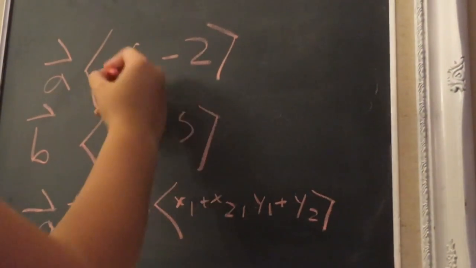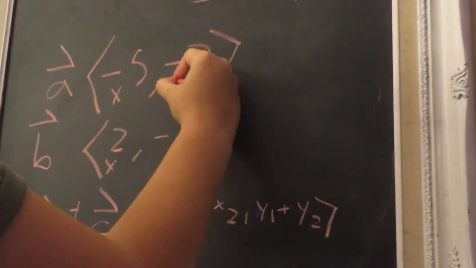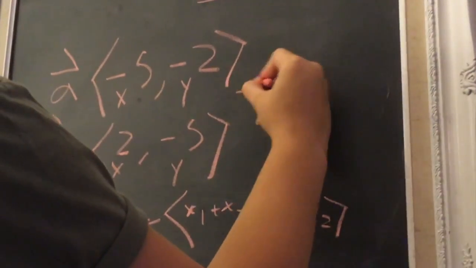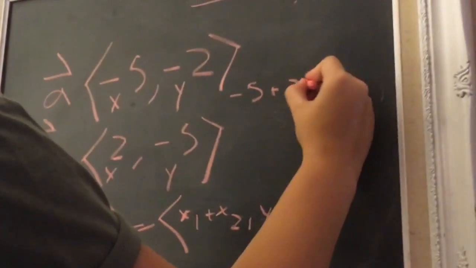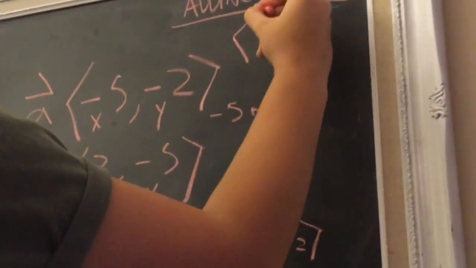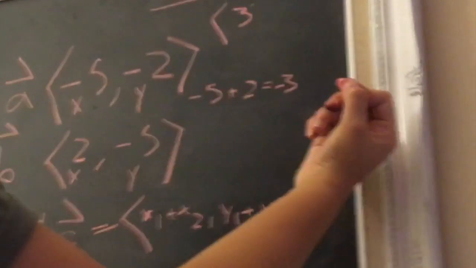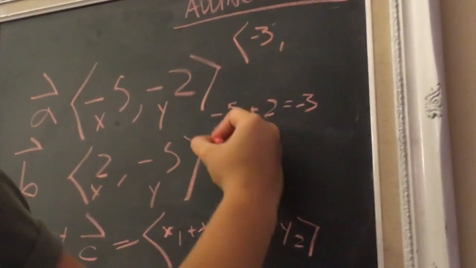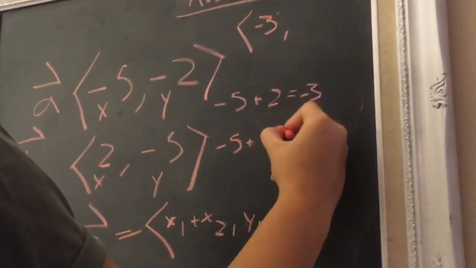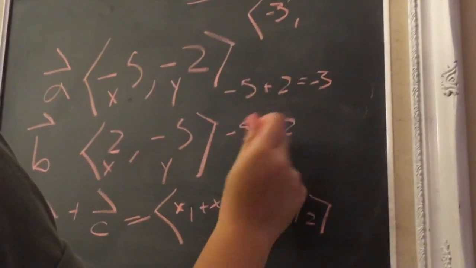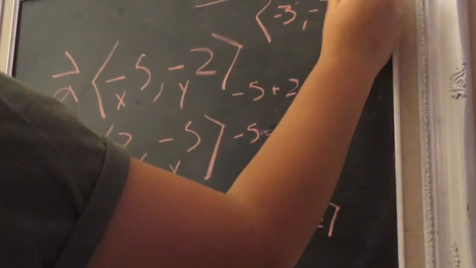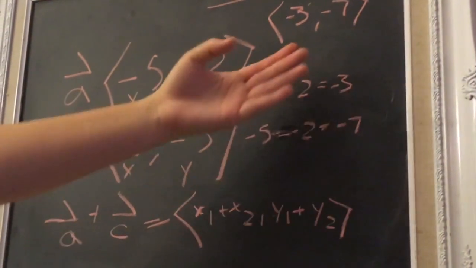So I'm going to go ahead and label the x's and label the y's. So x: -5 plus 2 equals -3. And then the y's, -2 plus -5, which would just be -7. So the resultant of the two vectors is -3, -7.